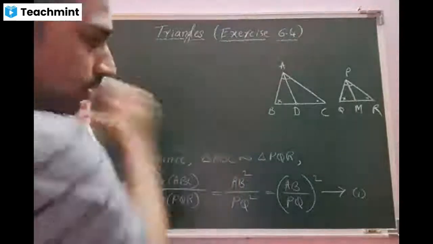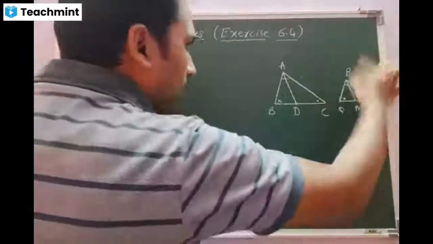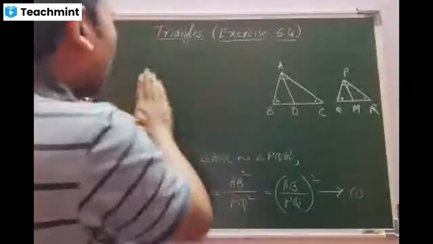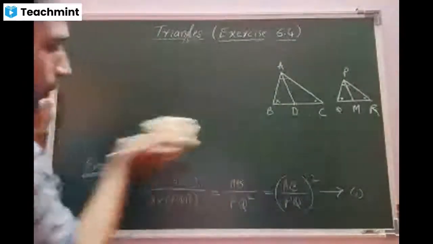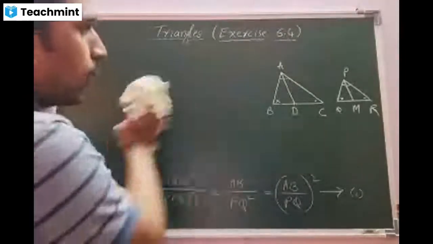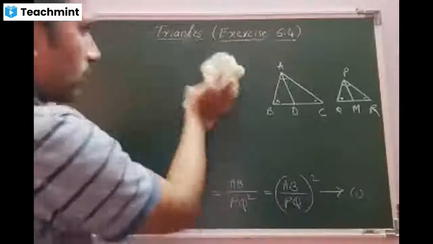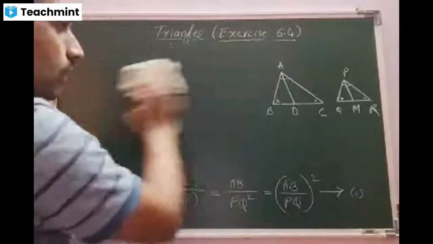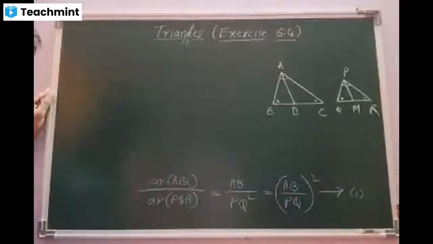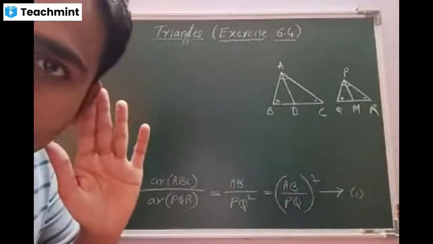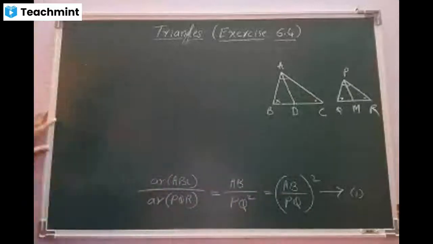If I prove AB by PQ is the same as AD by PM, my work is done. Already we have proved it, in the last exercise 6.3 when we were solving question numbers 12, 14, and 16. So the same procedure will be used here. What is that? All of you observe.